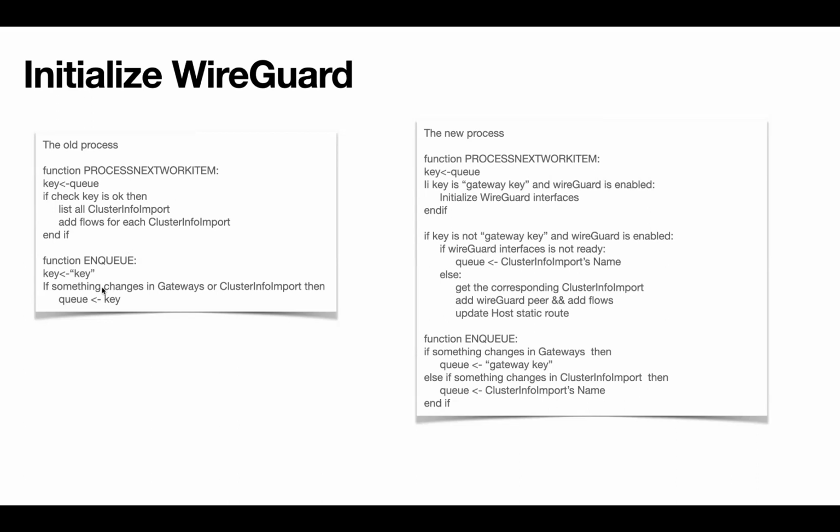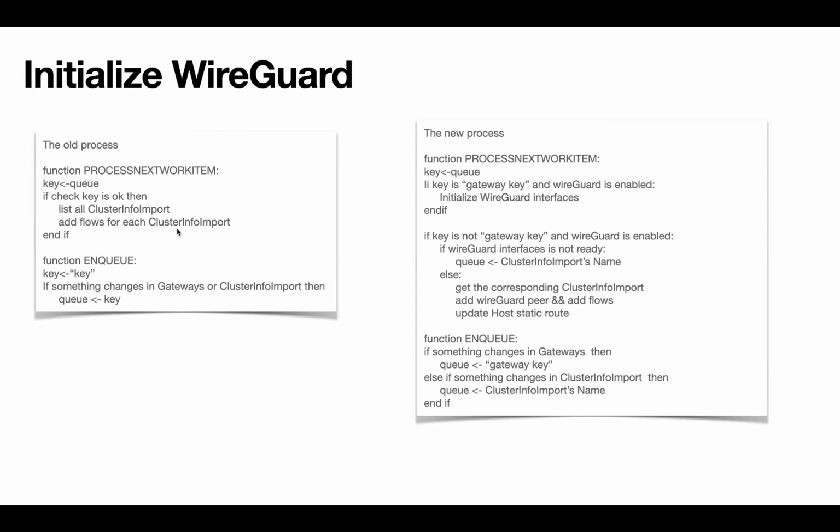If something changes in the gateway or in the cluster info import, which are two CRDs for multi-cluster, we will include a key. The key is a dummy key, we just need the key to trigger the process. And this one is processNextWorkItem.